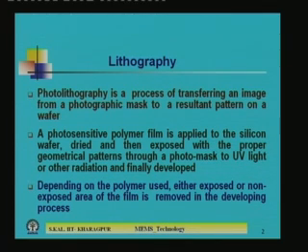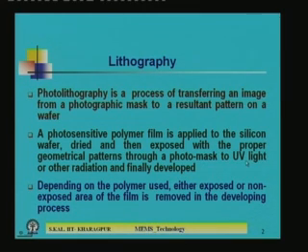What is the technique? In the photolithography process, a photosensitive polymer film is applied on a silicon wafer. This photosensitive polymer film is known as photoresist. This film is dried and then exposed with the proper geometrical patterns through a photo mask to UV light or other radiation and finally developed.